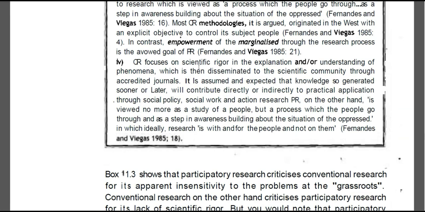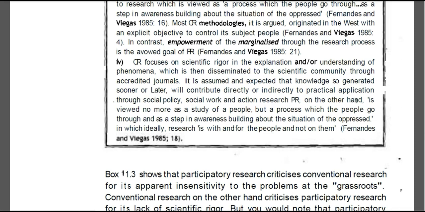CR focuses on scientific rigor in the explanation and/or understanding of the phenomena, which is then disseminated to the scientific community through accredited journals. It is assumed and expected that knowledge so generated sooner or later will contribute directly or indirectly to practical applications through social policy, social work, and action research.